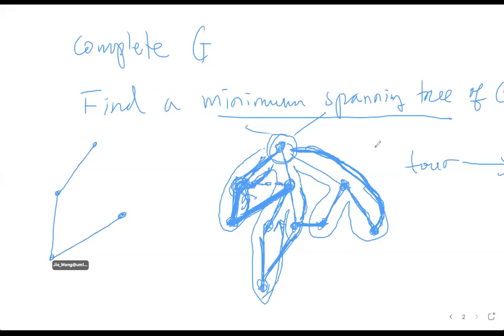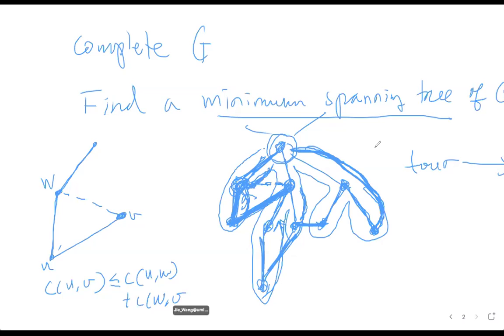I do it once, do it here once, and when I come back, that's twice. I don't do this. Instead, I go into this node. So now you're going to see this. Let's call this node UVW. So the cost of UV, which is the new edge I'm adding, than the original tour, is smaller than or equal to the cost of UW plus the cost of WV.